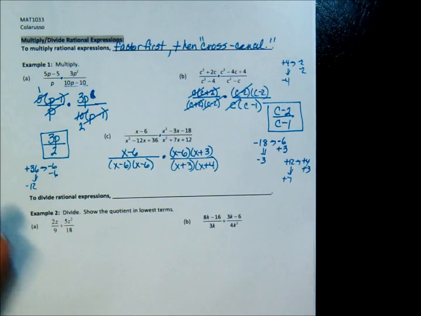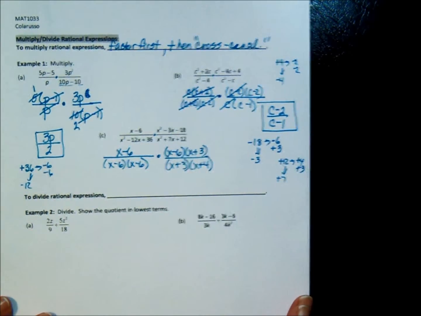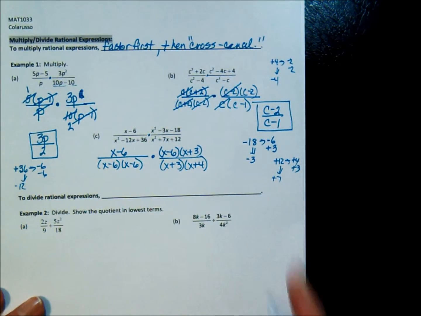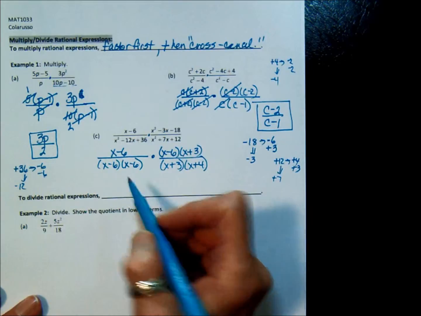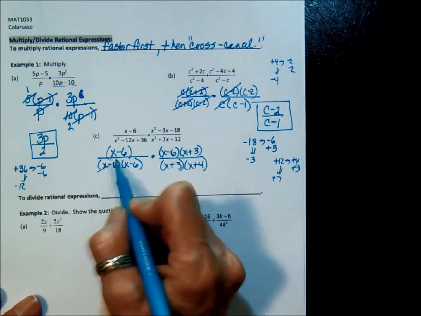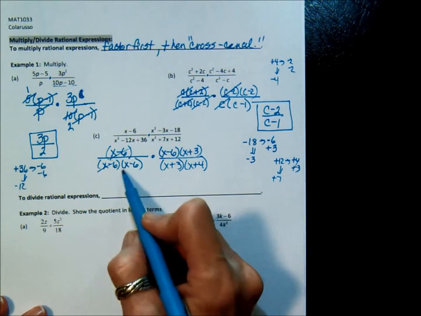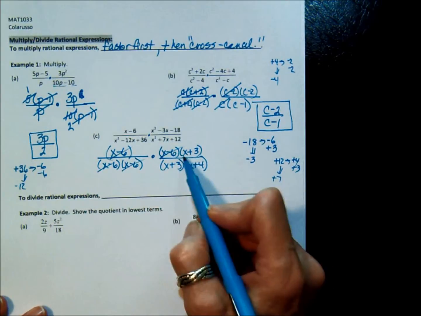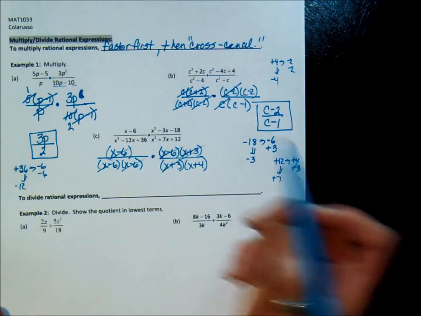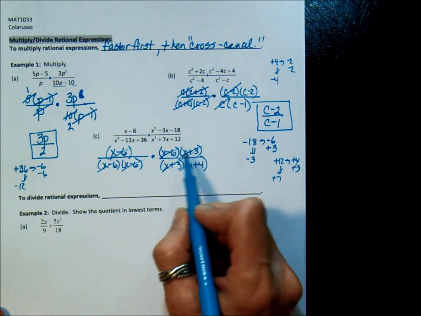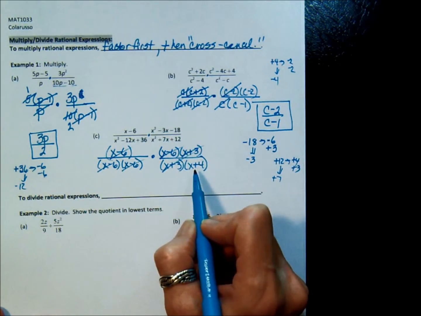So you notice there was a lot of factoring involved in just getting that ready to simplify. Now I can cross cancel any whole unit. So this x minus 6 cross cancels that one. This one cross cancels that one. x plus 3 cross cancels x plus 3. And before you say that the only thing that's left is x plus 4, be careful. Look at where it is.